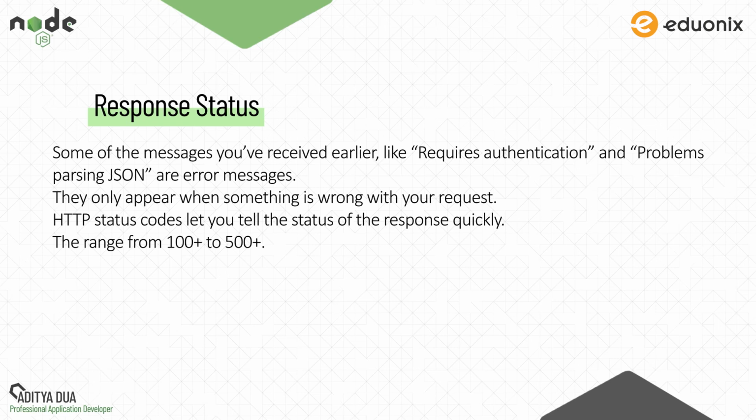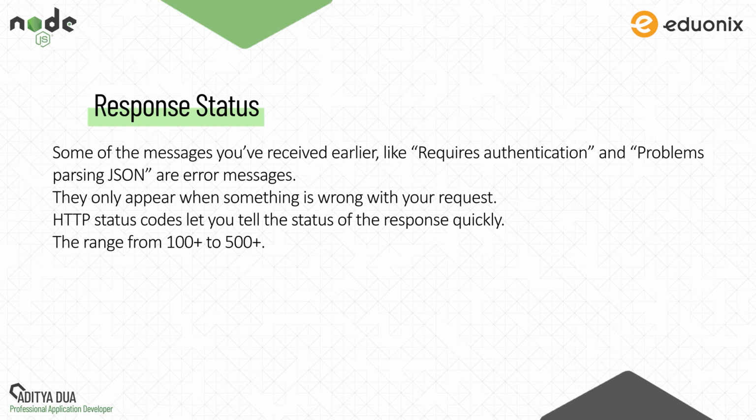Status varies from 100 to 500 plus, like 200, 201. 200 means okay, 202 means okay but not having enough credits. There could be one which means that the authentication was not there. Such error messages help the developers to understand how the request behaved.